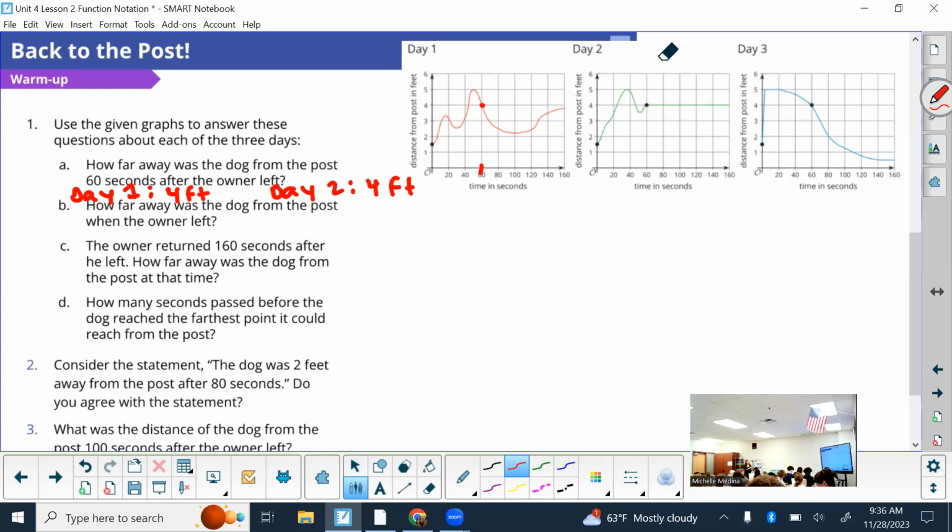All right, class, we agree with that. So now you should be looking at the day 2 graph. 60 seconds is here. Here's where it touches on the line at the 4. So 4 feet is how far it was. Table 3, what about day 3? How far away was the dog from the post 60 seconds after the owner left? 4 feet. So it happened to be the same in all situations.